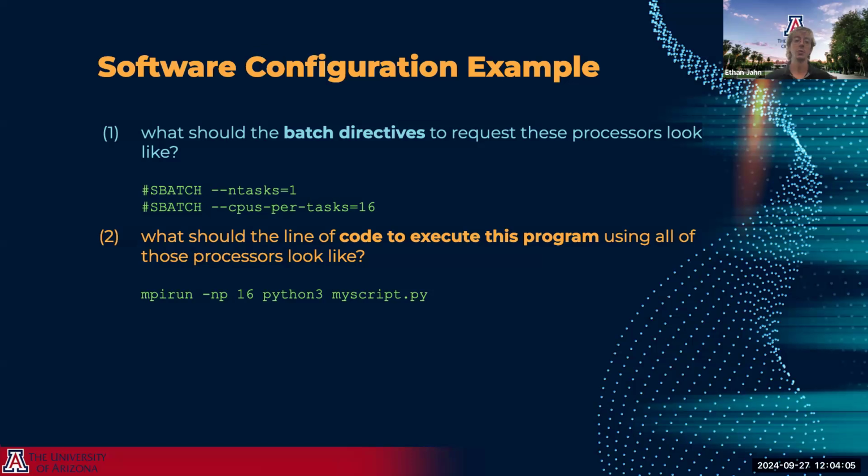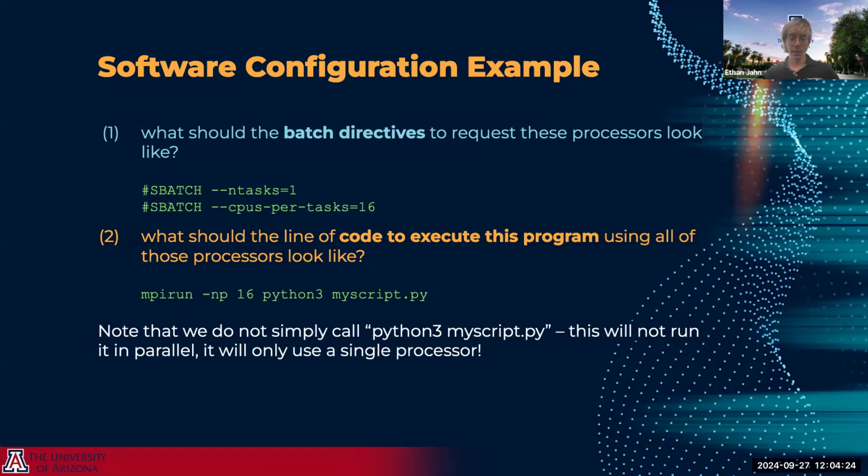So the way that you invoke that call of the script is important as well. Just requesting the number of CPUs and then saying python myscript might not actually utilize the CPUs that you've requested. So important to note there.